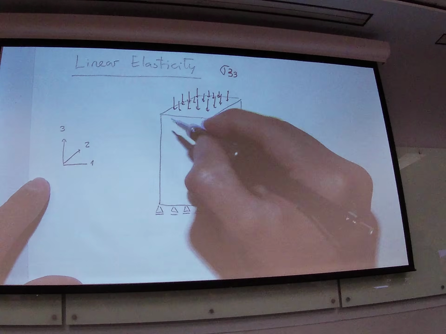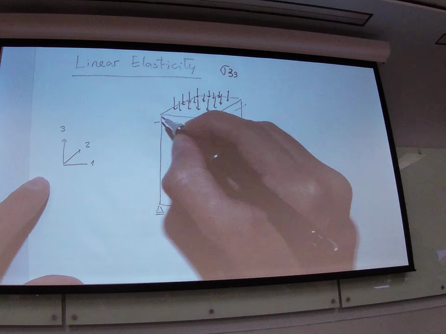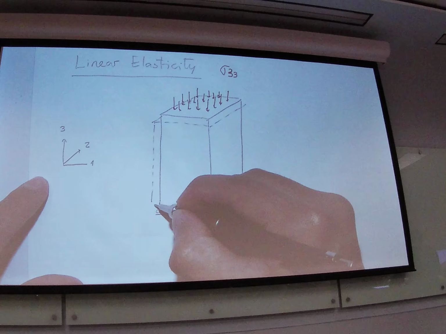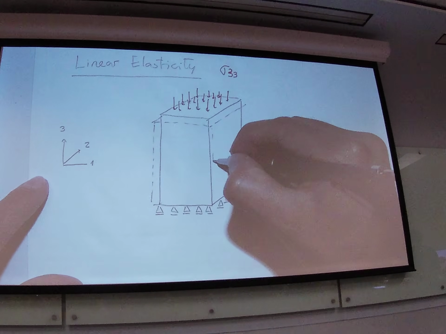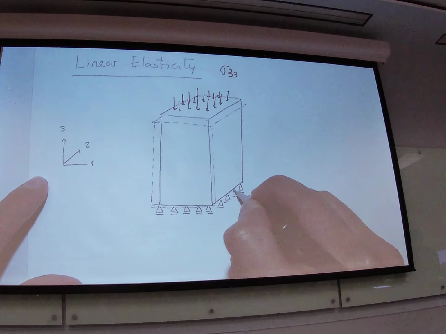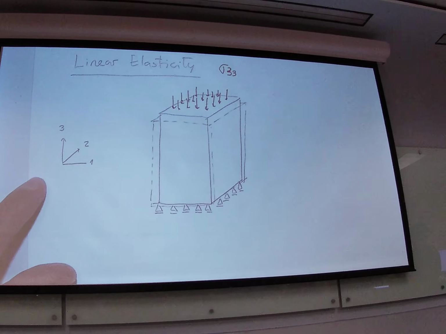How is that called? You guys remember the name of that effect? Poisson's ratio. The Poisson's effect, you call it Poisson's effect, and it depends on the value of the Poisson's ratio. So it's going to get shorter in one direction and bigger in the other direction.